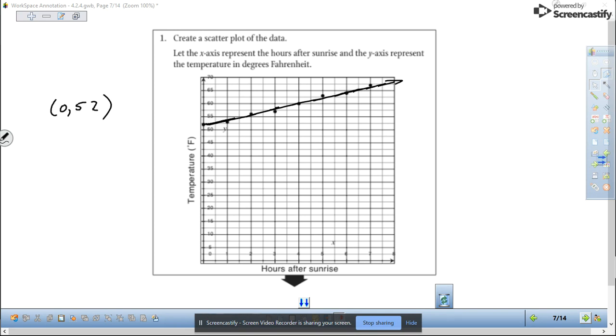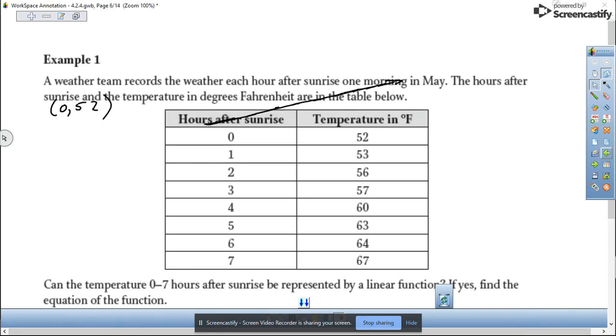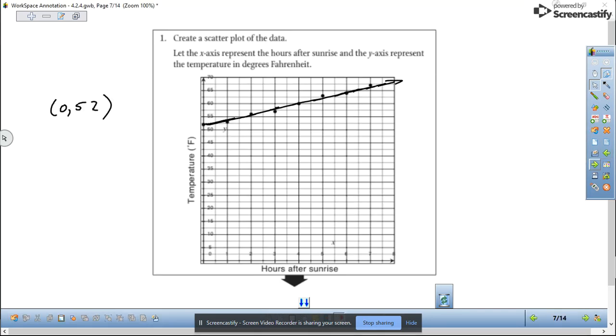And again, I could actually go back and look because I pulled that one from the previous page. So (0, 52) was indeed that first point. And then it also goes through a point up here, a point right there that we'll say is (6, 64).